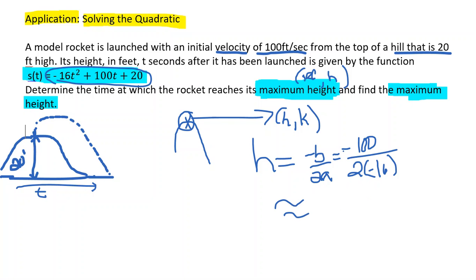Well, negative divided by negative is positive, so I got 100, and then 2 times 16 is 32. And, of course, we're going to reduce this. You always reduce. You don't want to leave it in some unsimplified form, so we always reduce it. And once we reduce it, we're going to have a fraction of 25/8.